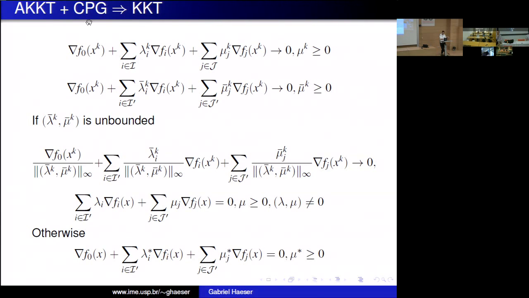So, since CPG holds, this is a vector from the linearized cone.